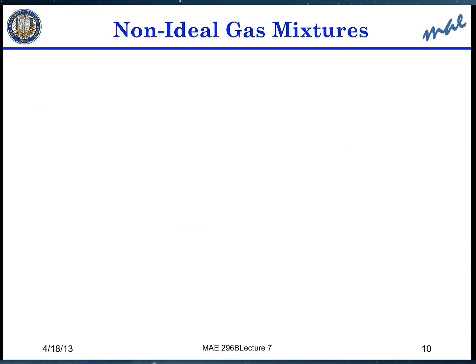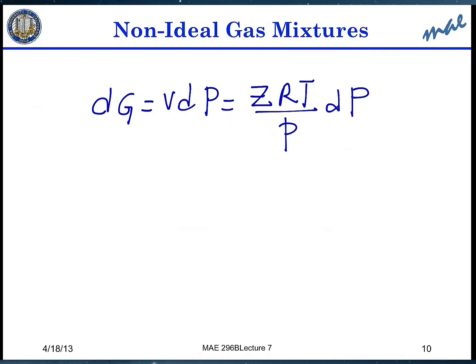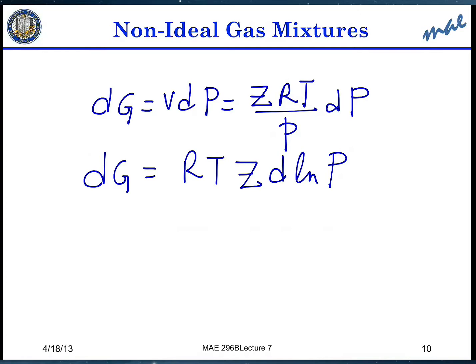So in this case, we can write for a real gas, dG is equal to VdP, which is equal to Z times RT over P dP, and this is equal to RT times Z times d ln of P. And now we have a relationship that is very similar to the case of the ideal gas. Remember, the ideal gas had RT d ln of P.